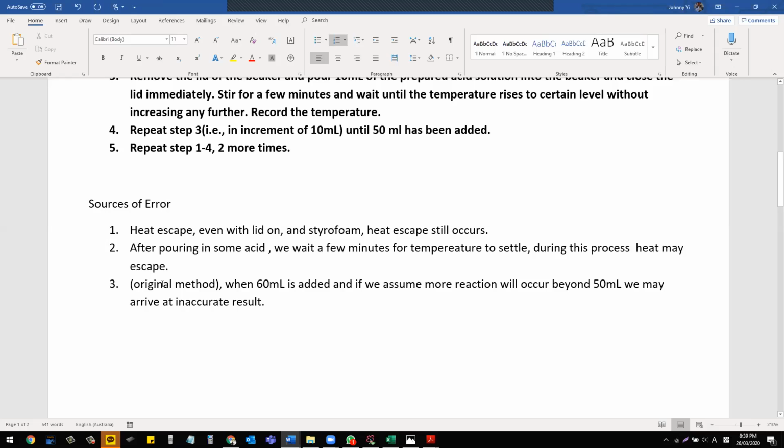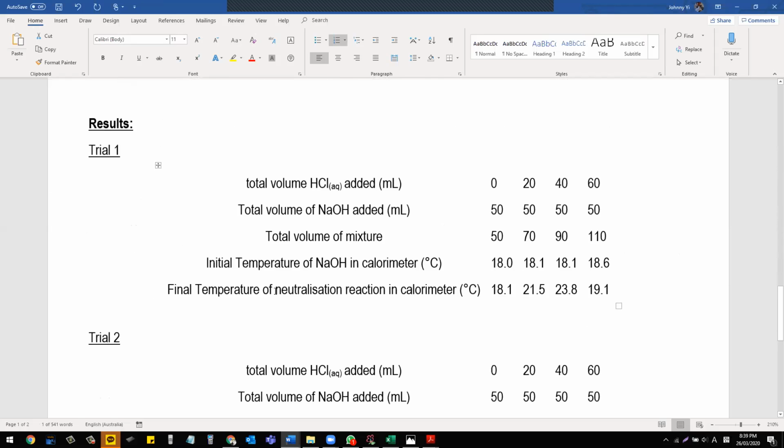With the teacher's method, when 60 ml is added, if we assume more reaction will occur beyond 50 ml, we may arrive at inaccurate results. If we base our number of moles on this volume, then of course we will get a wrong result, right?